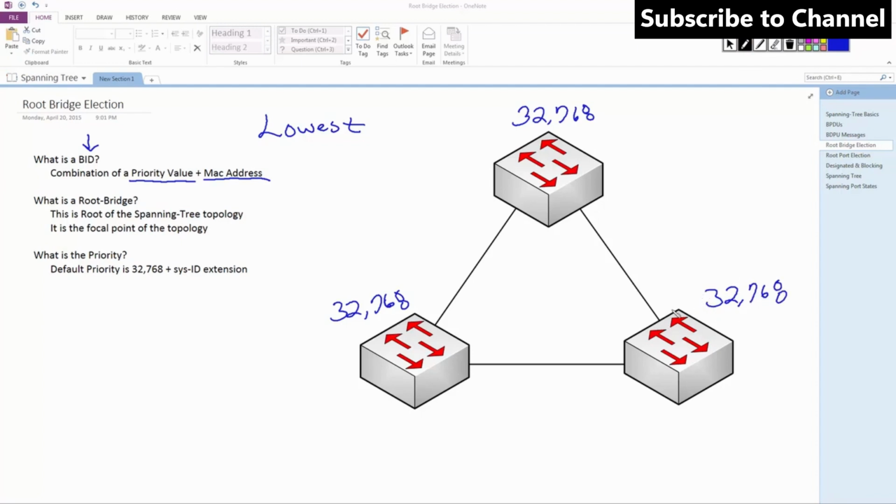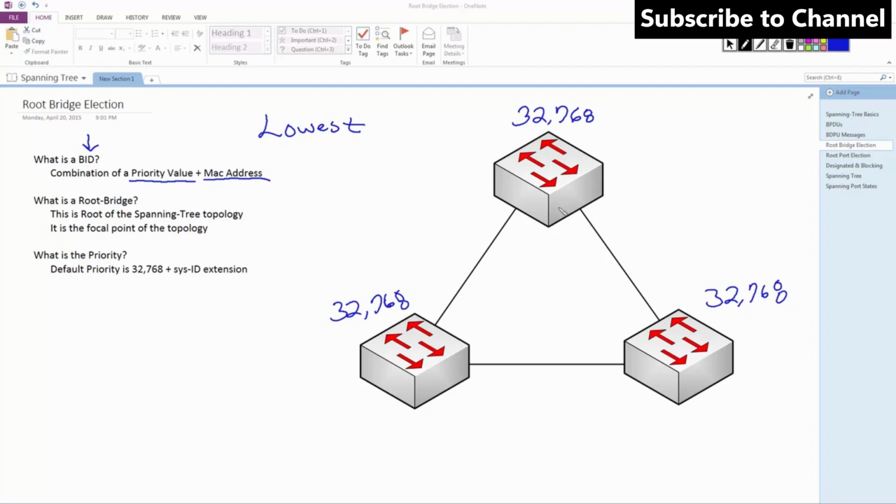So whenever they're going through their election, what's the tiebreaker? Well, if I had this one at 32,700, which you won't be able to do, as I'll mention in a second, this has a lower priority. So whoever has the lowest priority wins the contest, so to speak. It wins the election. But in our case, if everyone has the same priority, we will use the lowest MAC address.